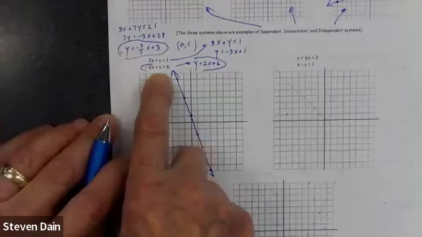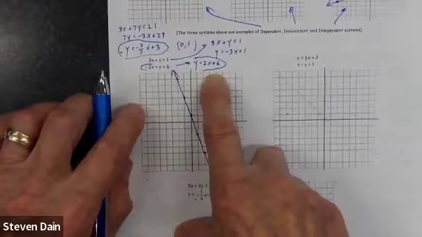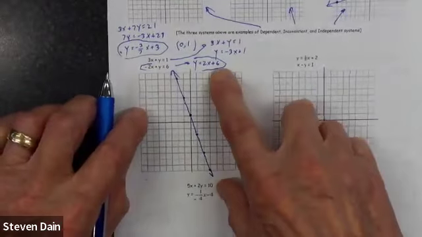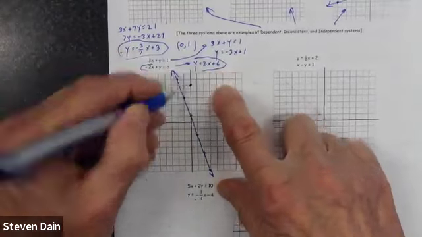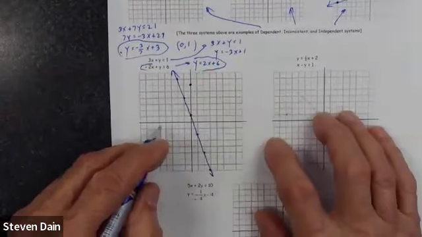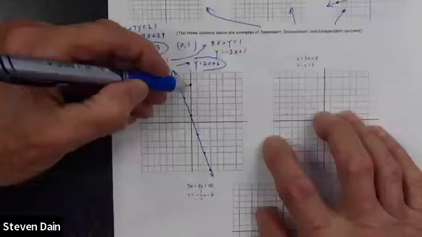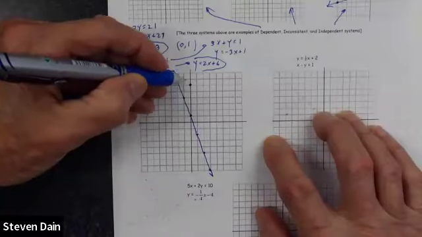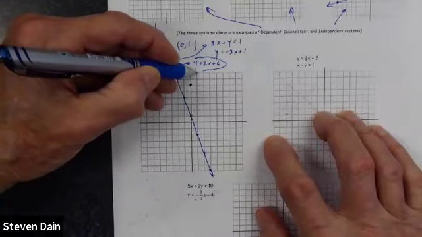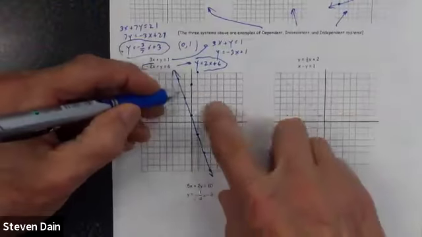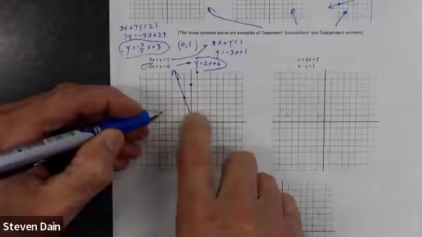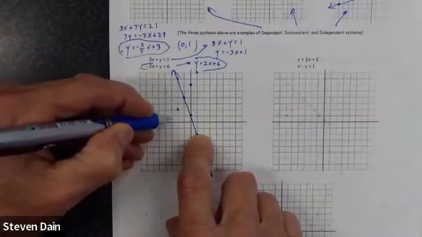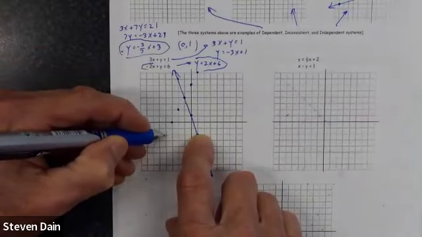I can start at the y-intercept of 6 right there, and the slope is positive 2. Starting at that y-intercept of 6, I go up 2 over 1. Or I can go down 2 and to the left 1, and there's the solution right there. Down 2 to the left 1 a few more times.